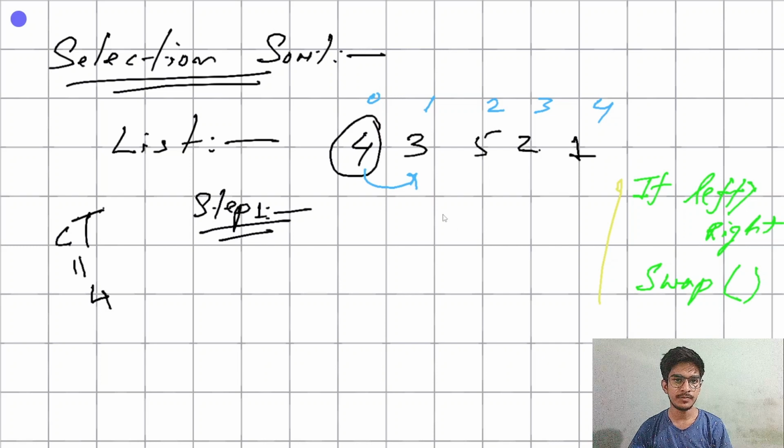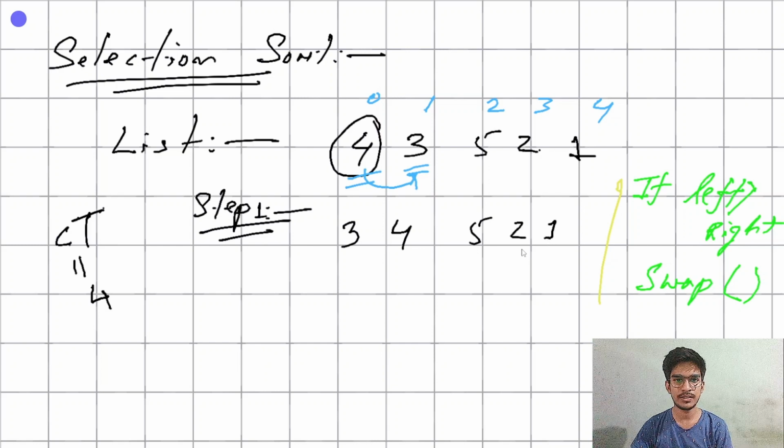Here, the left side element is greater than the right-hand side, which means we have to swap the elements. So what will we do in case of the swap? The elements would become 3, 4, 5, 2, and 1.